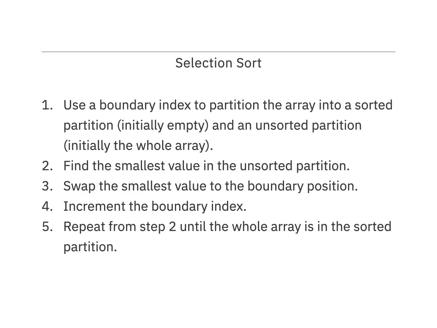Let's take a look at how this could be implemented. We will need to keep track of a boundary index so that we can remember where the sorted partition ends and the unsorted partition begins. To start with, this boundary index will just point to the first value in the array. We will then need another index to scan the values in the unsorted partition as we search for the least value.